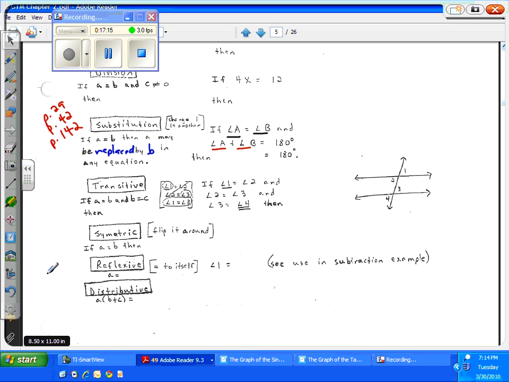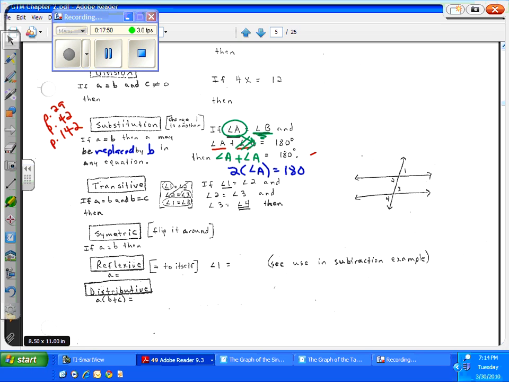Now, if angle A is equal to angle B, then I could replace the angle B with angle A. So in this second equation, since angle B is equal to angle A, I can replace this angle B with angle A and have angle A plus angle A is equal to 180 degrees. Or I could have written that as 2 times angle A is equal to 180 degrees.